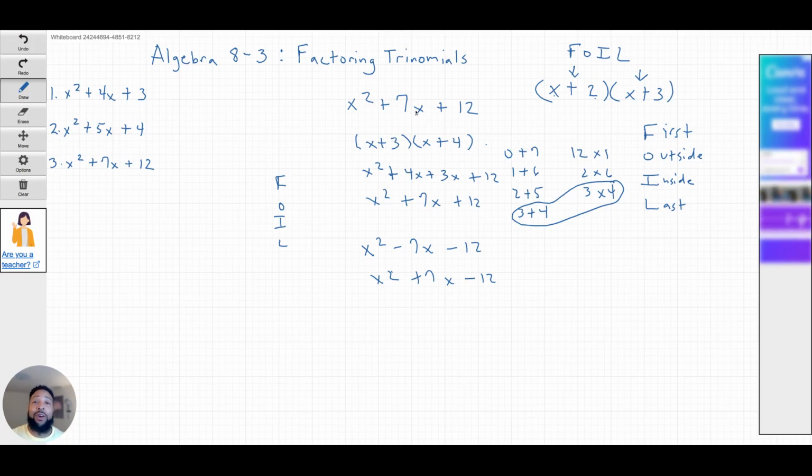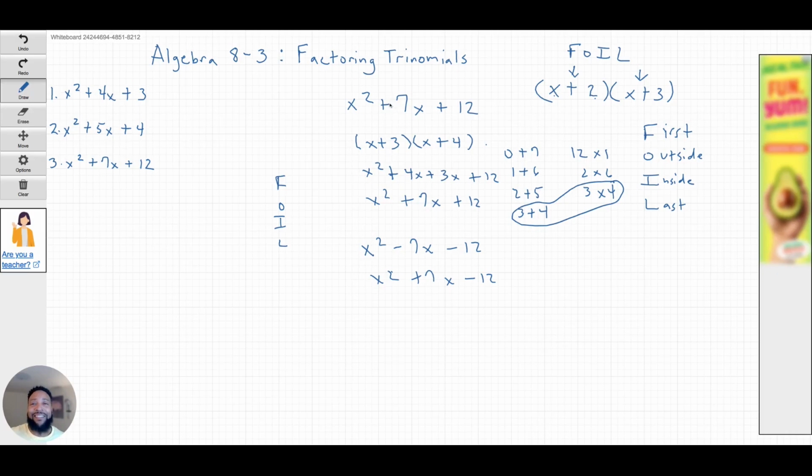And then with 12, you could either do 12 times 1, 2 times 6, 3 times 4. So what we have in common, we've got the 3s and the 4s. So here we'll say we have x plus 3 and x plus 4.